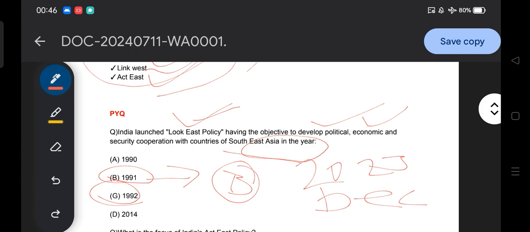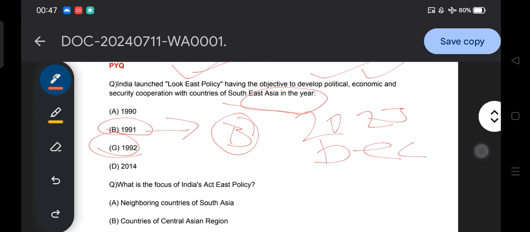I admit that in most books they mention the Look East policy as 1992, but guys, sometimes you need to cross-check with the help of authentic data and notes, for example, the official website of the Ministry of External Affairs and the PIB, Press Information Bureau. You need to cross-check there also, because foreign policy is a dynamic concept and dynamic in nature.